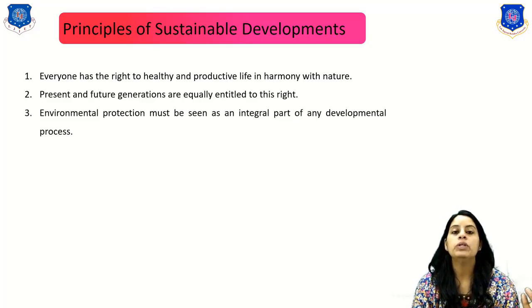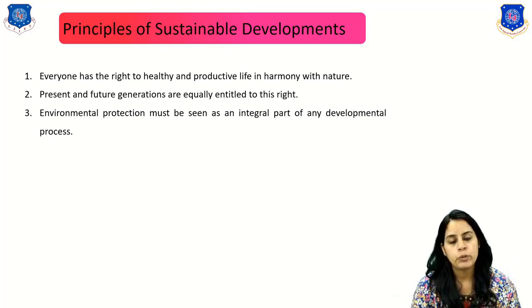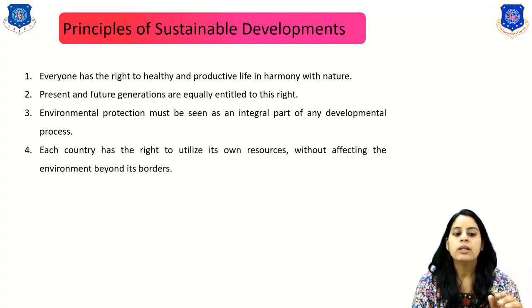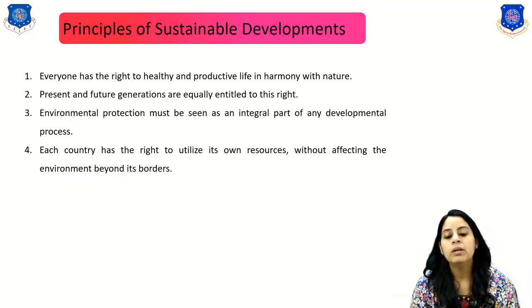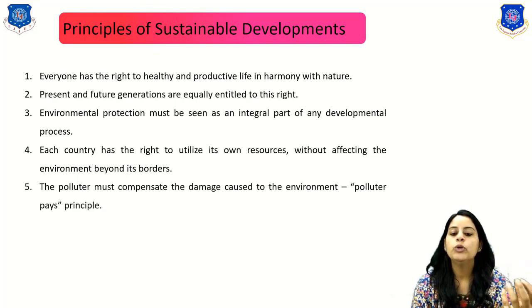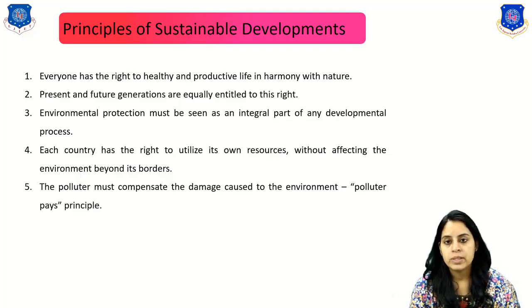Then the third one, environmental protection must be seen as an integral part of any development process. And each country has the right to utilize its own resources without affecting the environment beyond its borders. Then the polluter must compensate for the damage caused to the environment, which is the polluter pays principle, right?